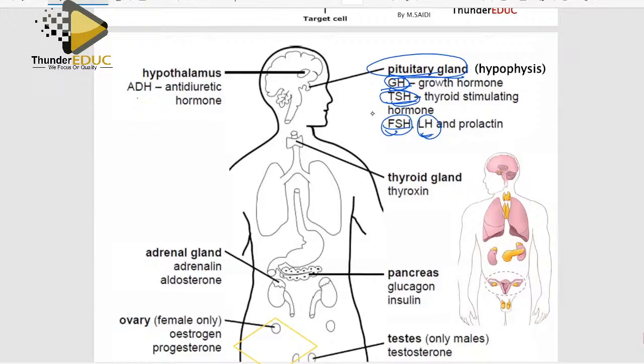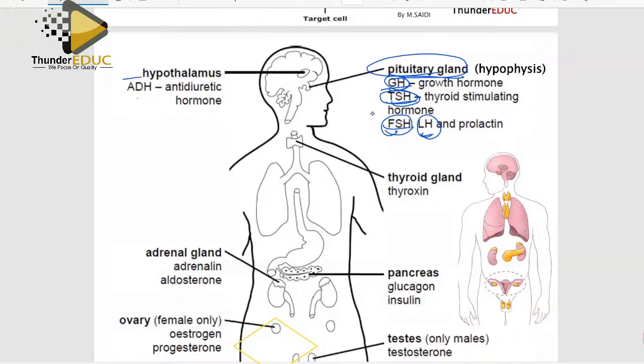You need to know the hormones produced by that gland. You need to know the function of each hormone.